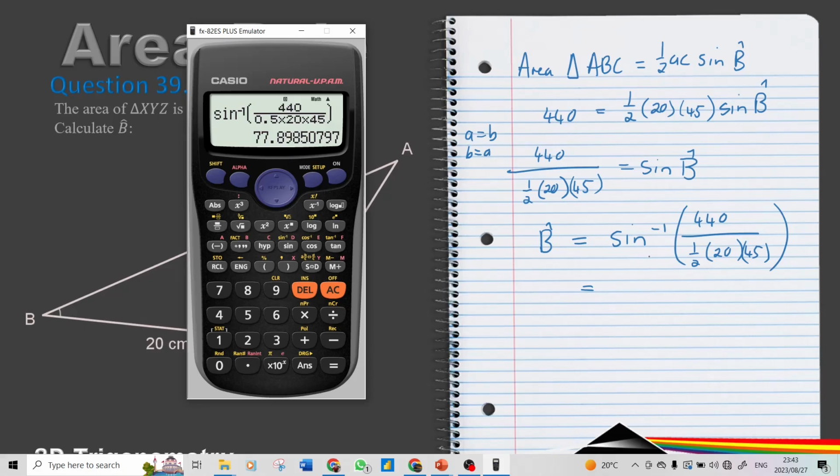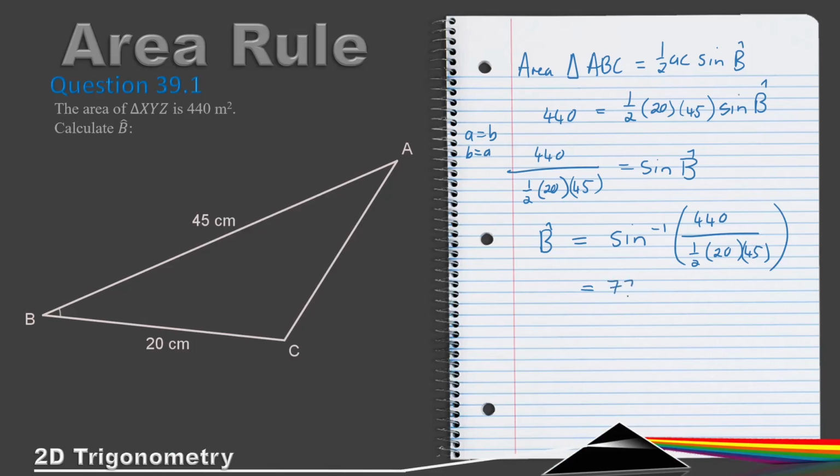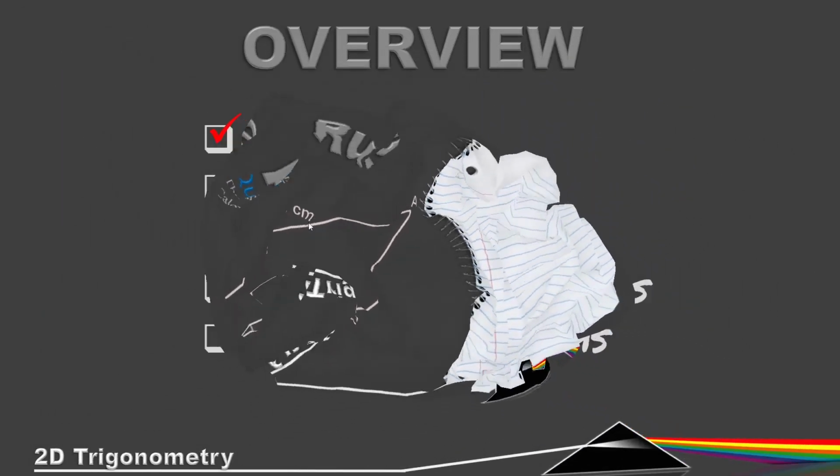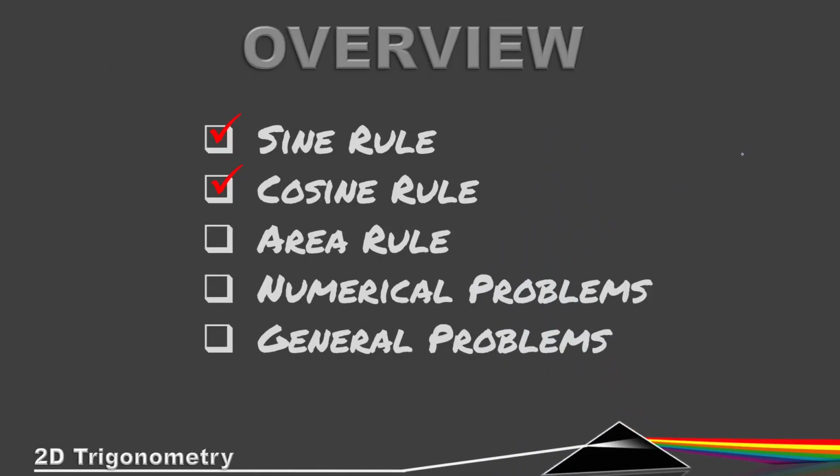So it's going to be 77.90 to 2 decimal places, strictly speaking. So 77.90, and this was the angle, so it is in degrees. Okay, then we are done with the area rule.